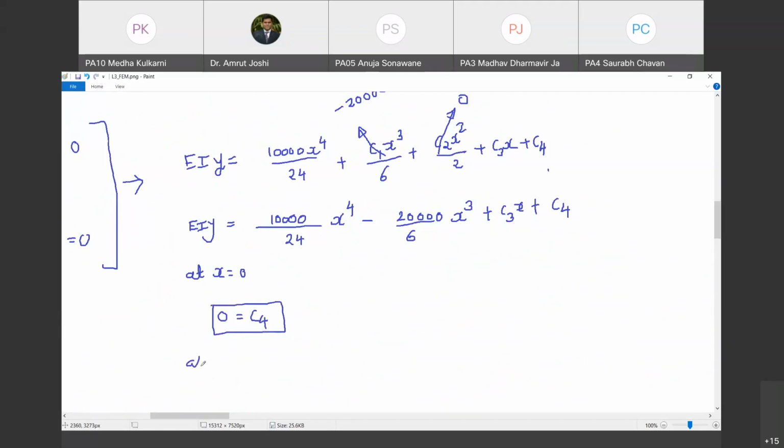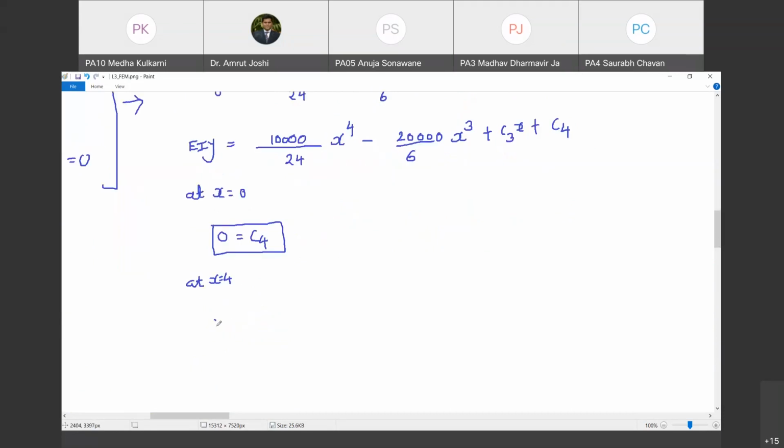Now at x equal to 4, also I have EIY equal to 0. Do you agree with me? Yes, sir. So 4 चौक 16 चौक 64 चौक. So 4 चौक 16 4 सक 24 28 284 ऐसे होता है क्या?